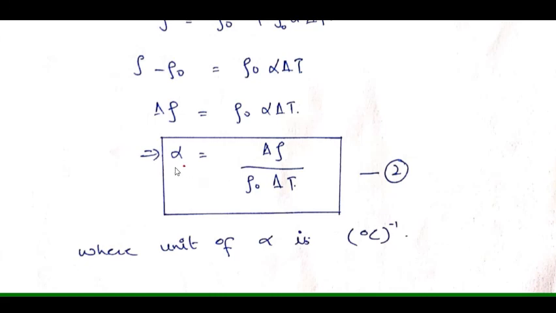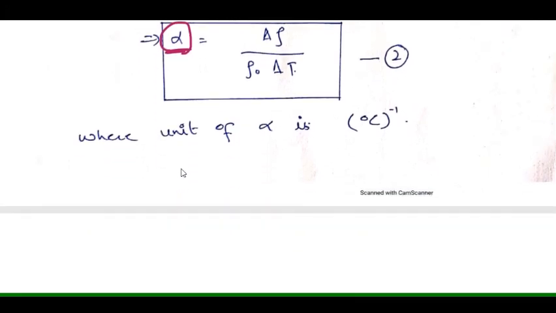Again, alpha varies from material to material. Every material has its own coefficient of resistivity. So whatever material we choose according to our problem, the value of alpha will affect it, so we have to be careful in selecting our problems.